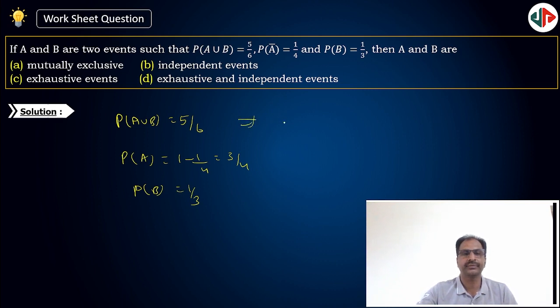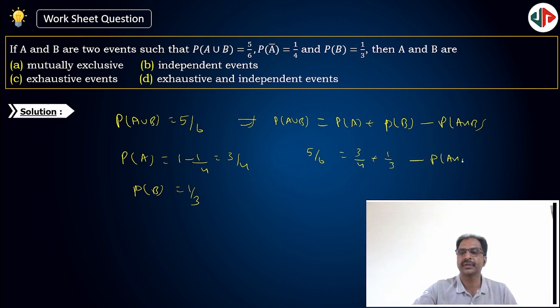Let us find P of A intersection B. P of A union B formula is P of A plus P of B minus P of A intersection B, which means 5 by 6 is equal to 3 by 4 plus 1 by 3 minus P of A intersection B.